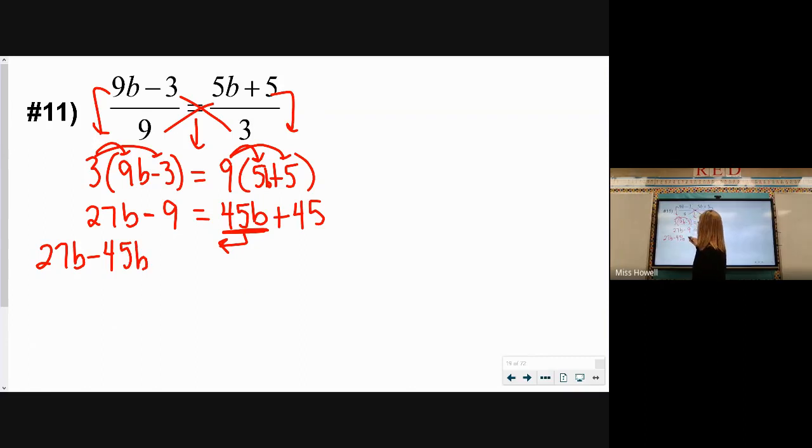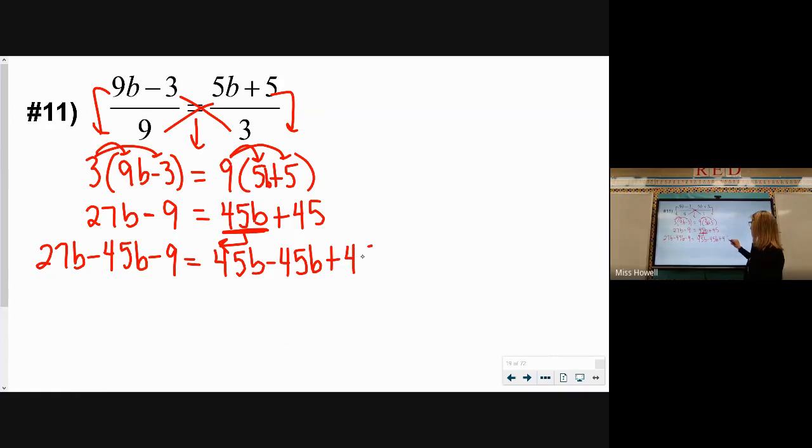We have our subtract 9. And then over here we have our 45b. Again, we'll subtract 45b from it. And we have our plus 45. All right, these are opposites. These ones are going to cancel, leaving us with 45. Over on the other side, 27b minus 45b would just give us a negative 18b minus 9.